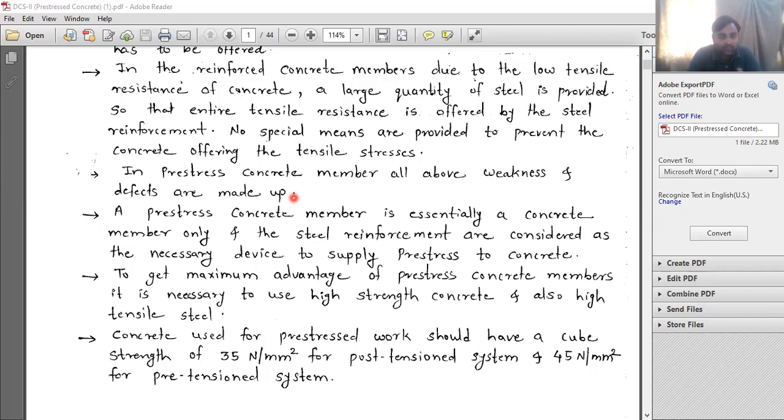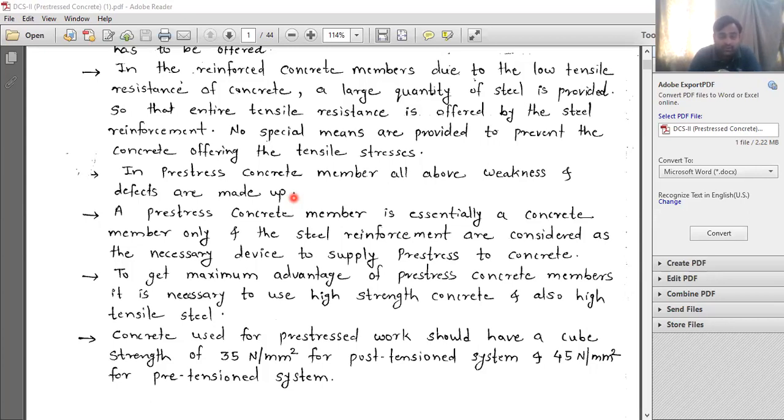Where there is large demand and large scale production, only then do we go for prestressing. Otherwise, if we used it for our residential and commercial complexes and daily construction, the cost of construction would increase.